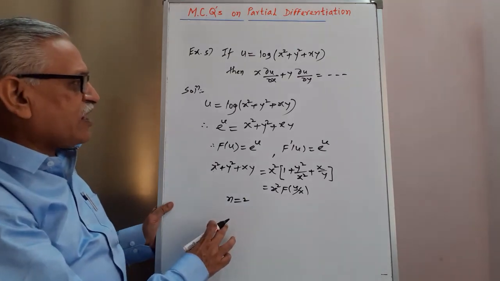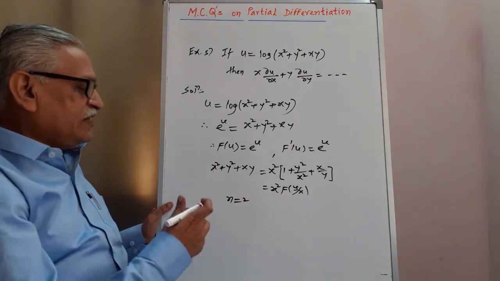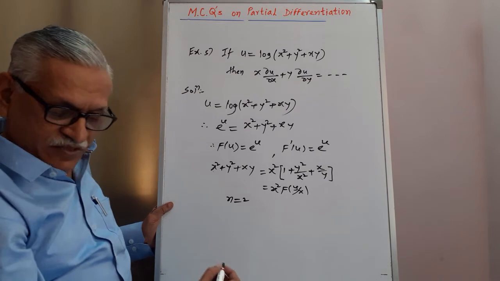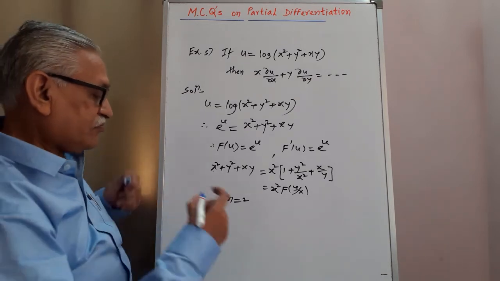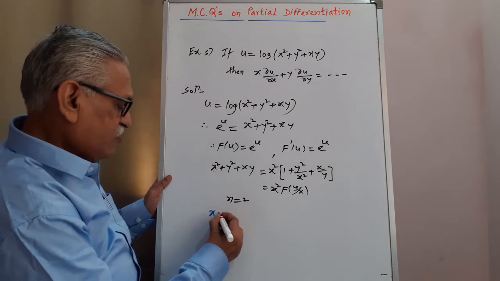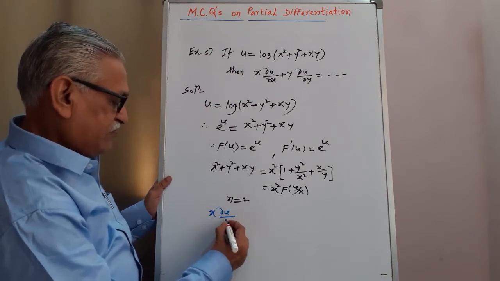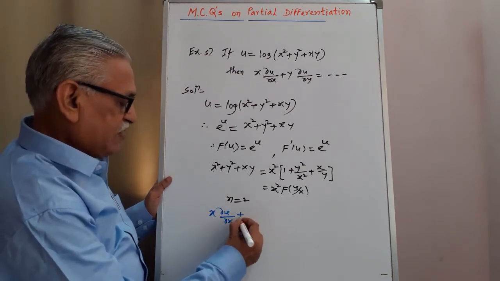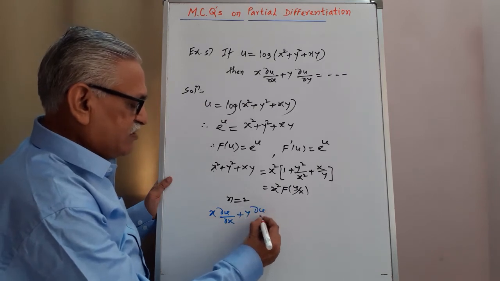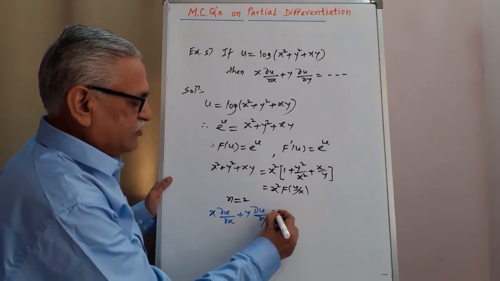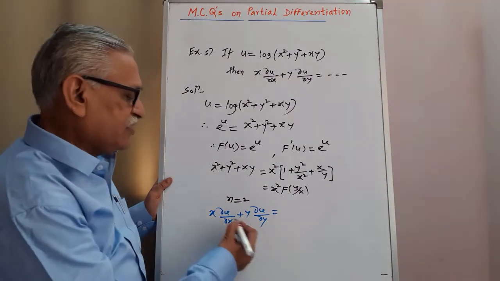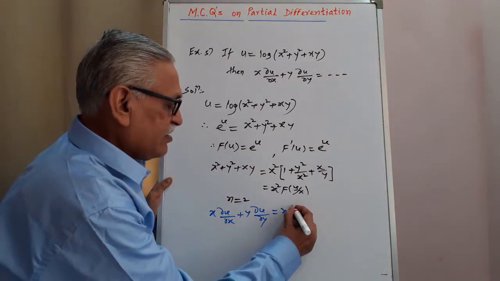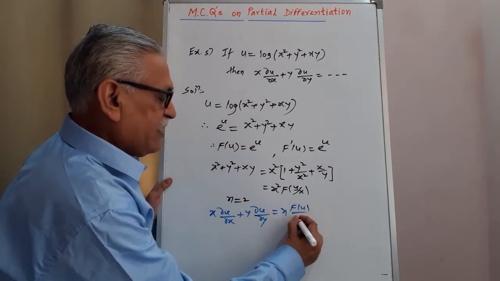Then substituting all those values in Euler's theorem, by Euler's theorem we have x dou u by dou x plus y dou u by dou y is equal to, as it is the second case, the result is n f of u by f dash of u.